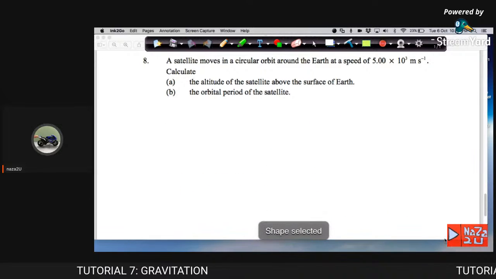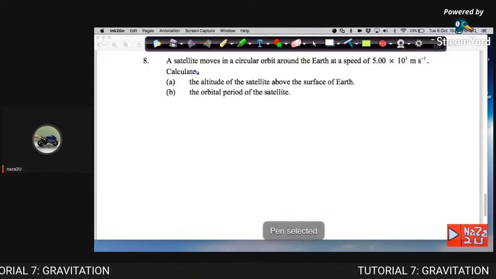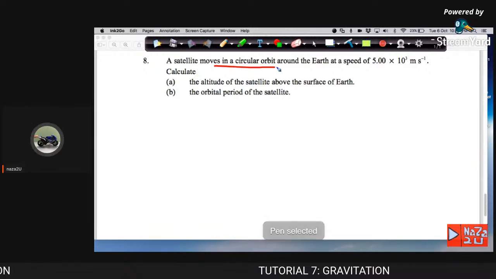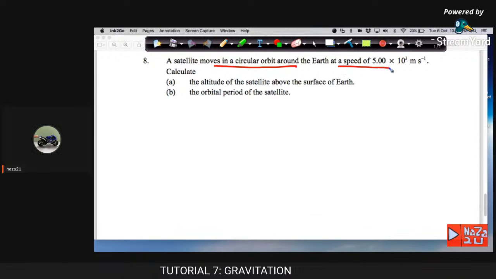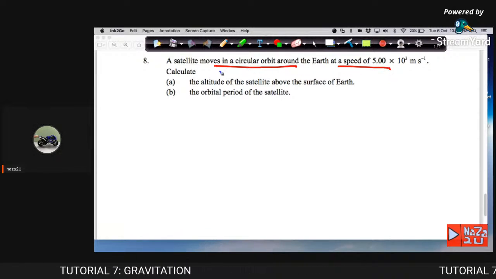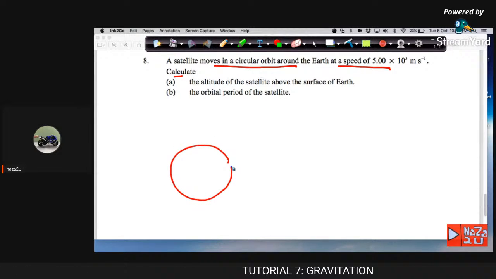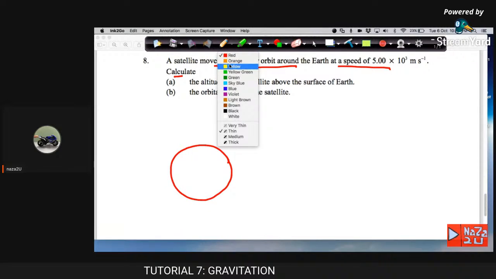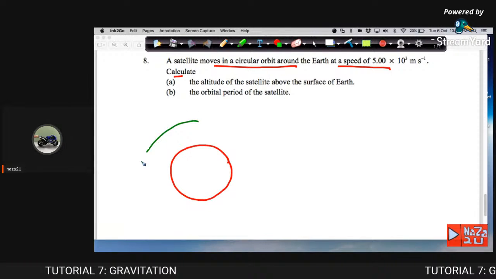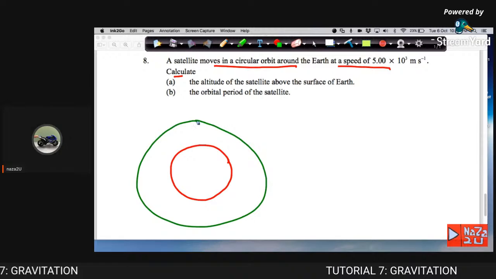Okay, question number 8. We have a satellite moving in a circular orbit around the Earth at a speed of 5 exponent 3 meter per second. Calculate. So let's say this is the surface of our Earth, right? And we have a satellite moving around the Earth.